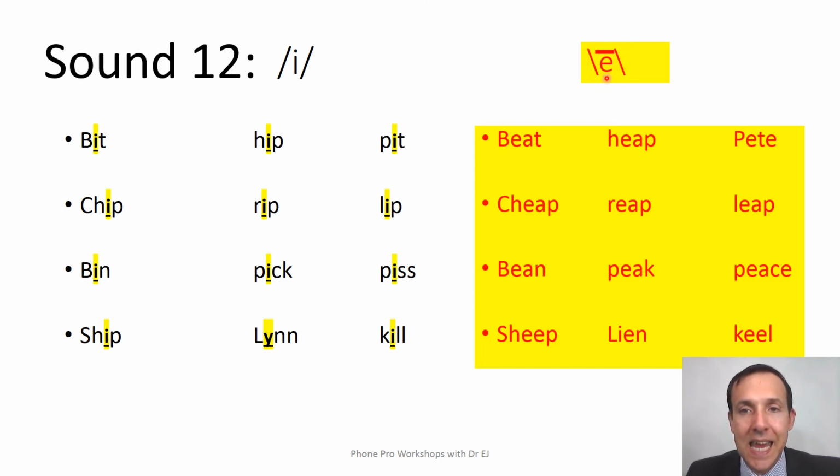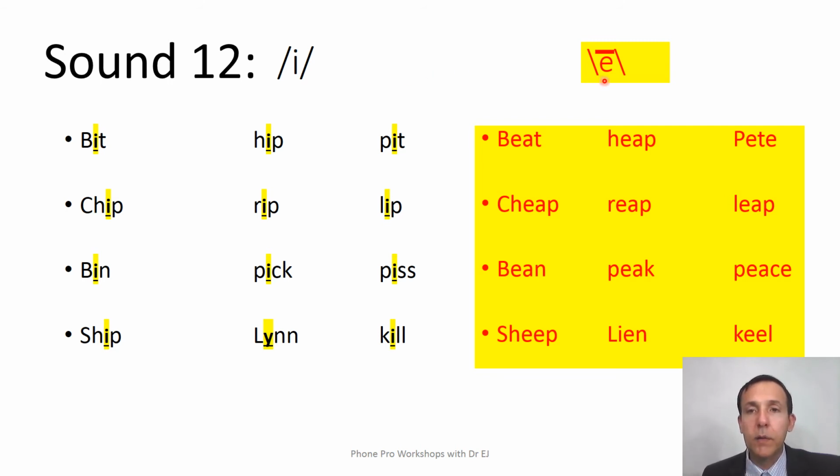This is an intense sound. This is not an intense sound. This is more relaxed. So here we say I, and here we say E. If you take a look at my tongue, with this one, the tongue moves to the back of the mouth.